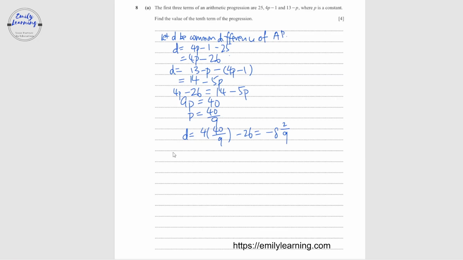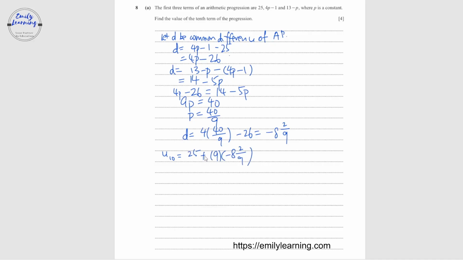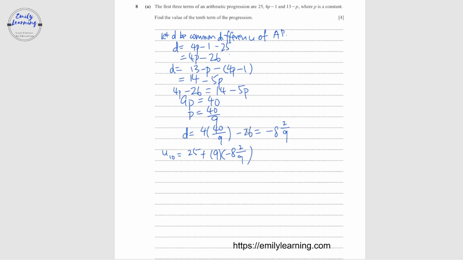So the 10th term, U10, is equal to, based on this formula here, A, the first term, plus N minus 1 D, where N is 10. So let's do it. We should get negative 49 as the answer to this question here.